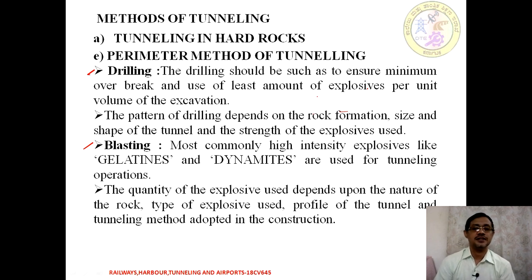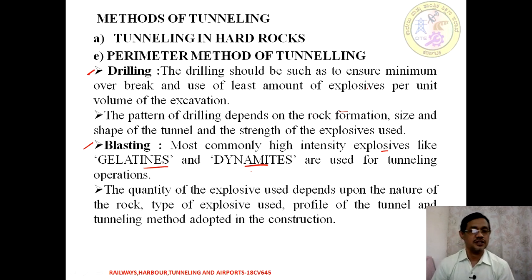After placing the drill holes, we need to incorporate the explosive for blasting. Commonly used are highly intensive explosives like gelatins or dynamite. This is regularly used in blasting, and it requires permission. How much intensity we should use depends upon the amount of material to be blasted.